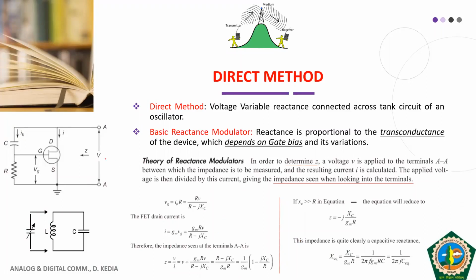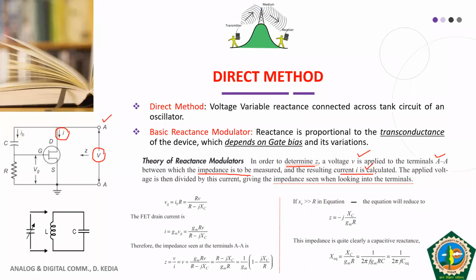Let us see how. What we are doing here is assuming that some voltage V has been applied across the AA terminal. It is written also that in order to determine Z, a voltage V is applied to the terminal AA, where we want to measure the impedance. Once we apply voltage V, then obviously some current will flow, and we calculate the resulting current.